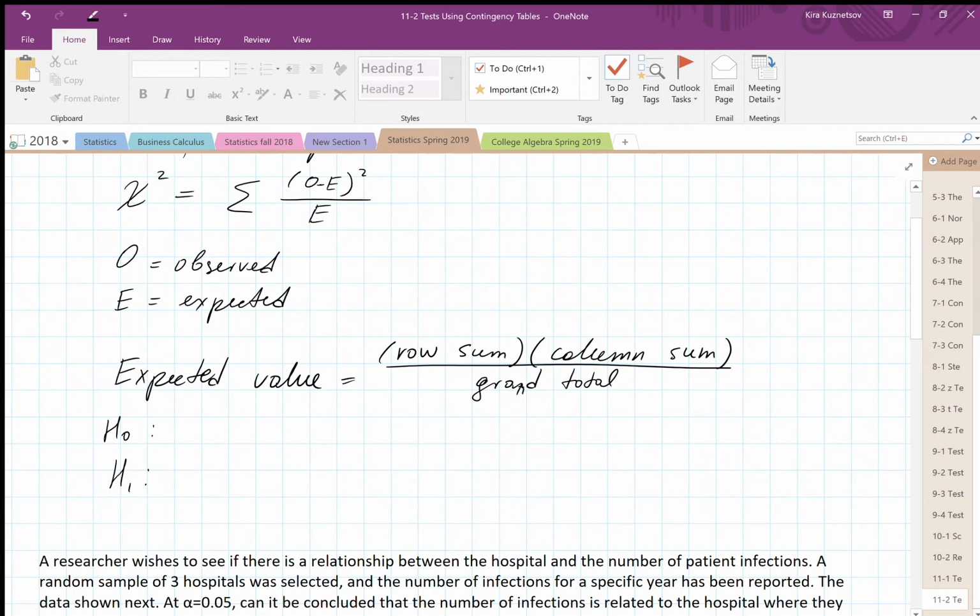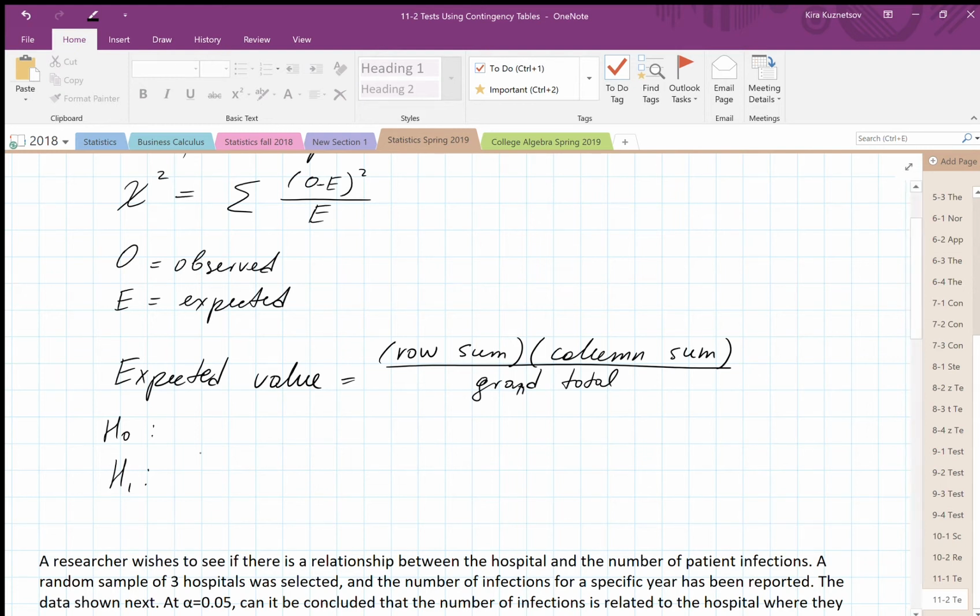The null and alternative hypothesis will always be the same for the duration of this section. It is a test for independence, so the null hypothesis says that there is no difference, meaning we didn't find any pattern.